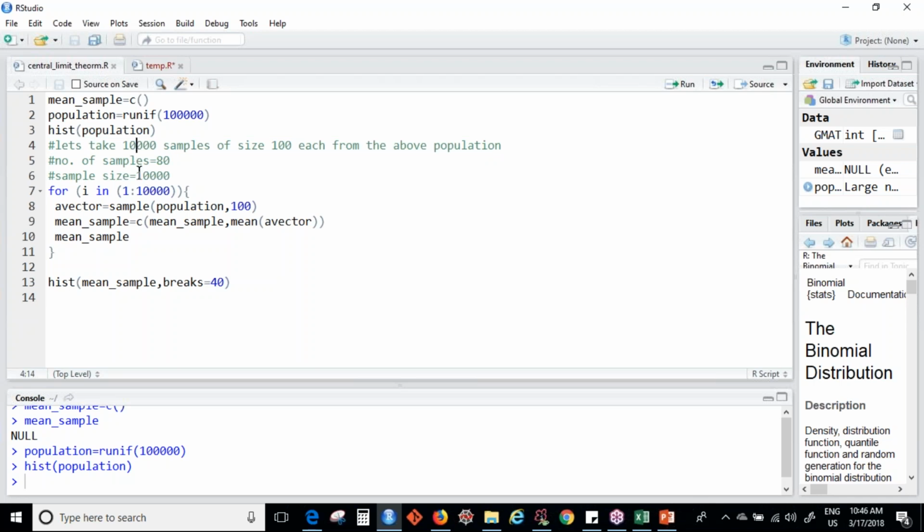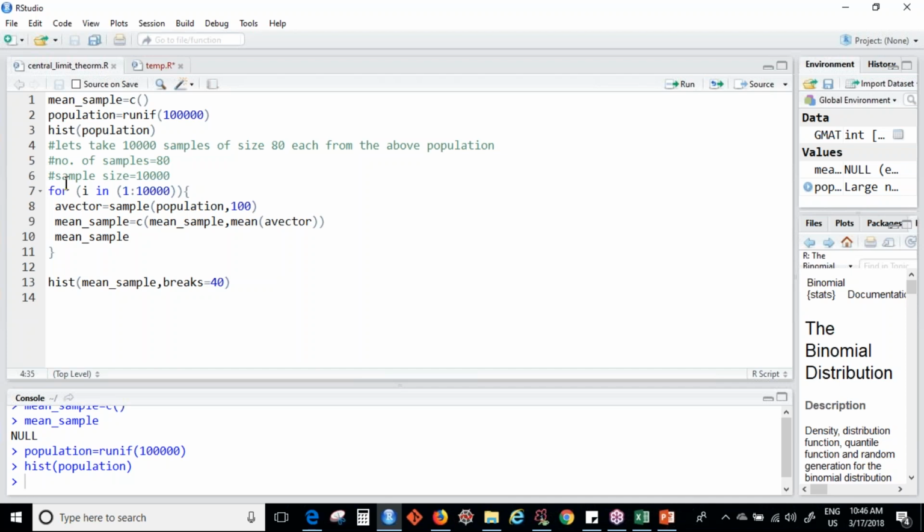So I'm taking 10,000 samples from this population, and each sample is of size 100. So how will I do this? I will create a loop. You know the sample function now, so you can make use of it.